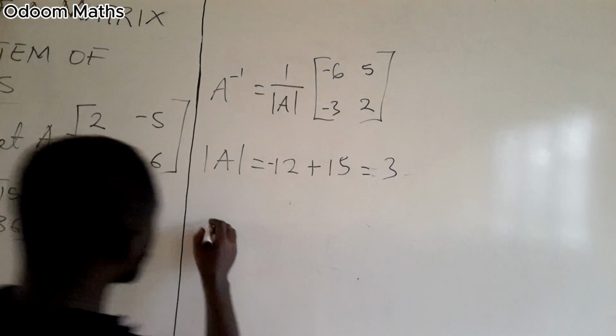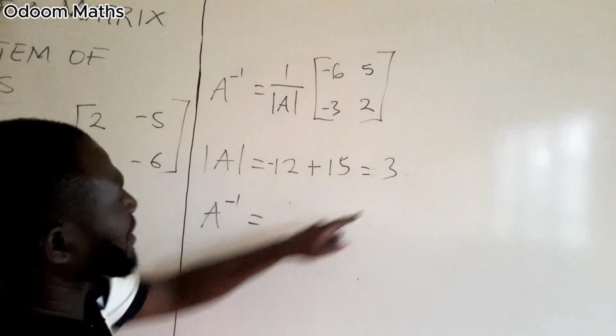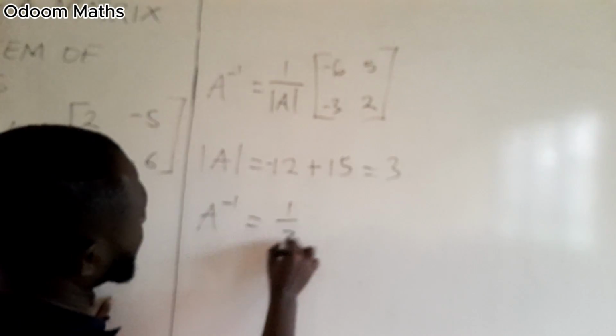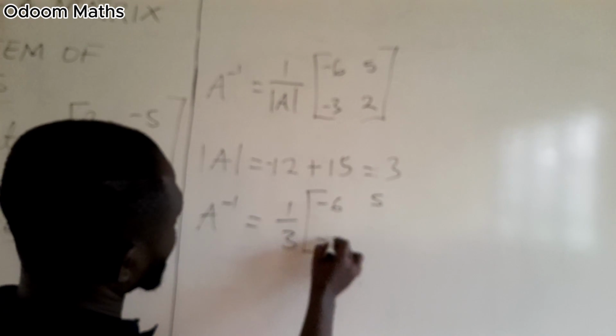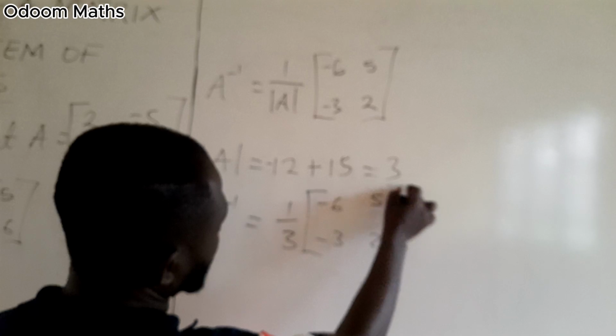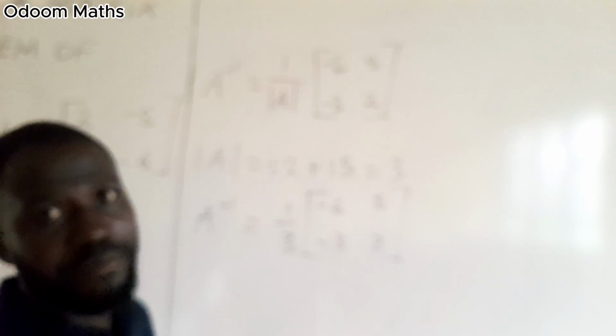Now A inverse will give us 1 over the determinant, which is 3, so 1 over 3 times this one, negative 6, 5, negative 3, 2. I've already negated and exchanged the positions.